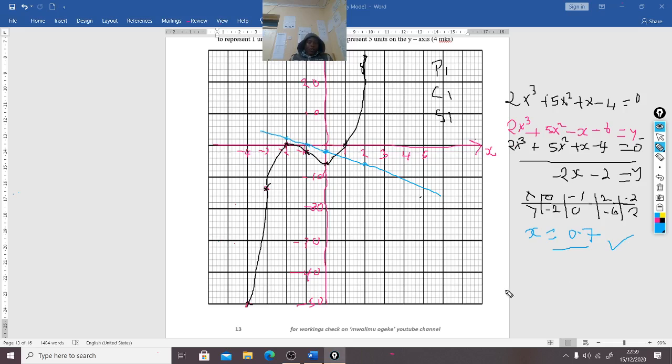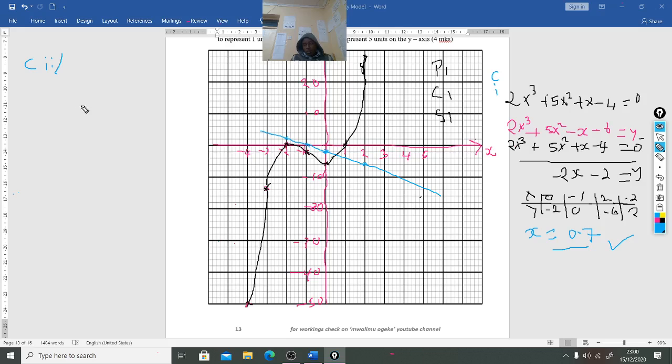Then the next question is that we also use the graph. This is part C Roman 2.